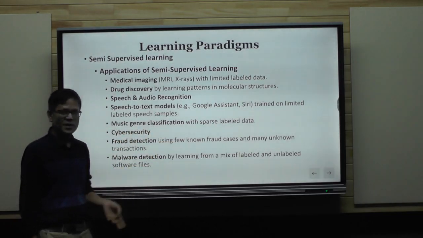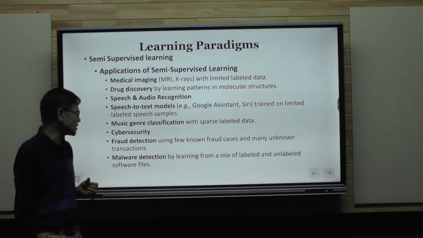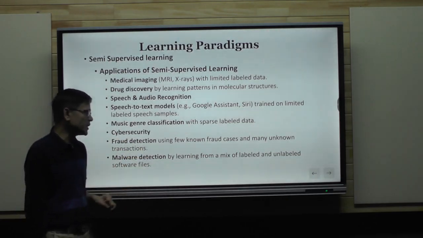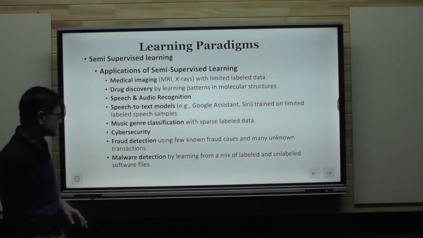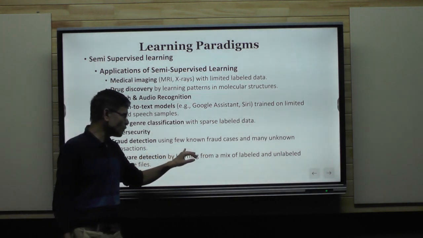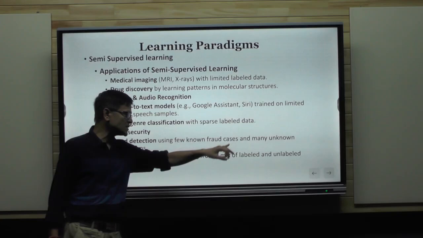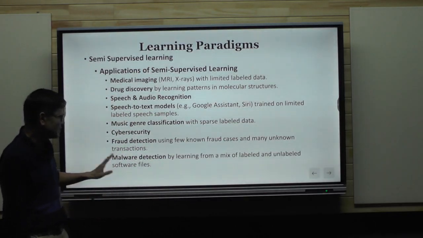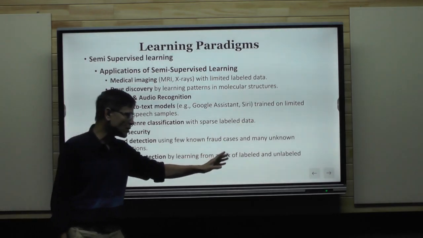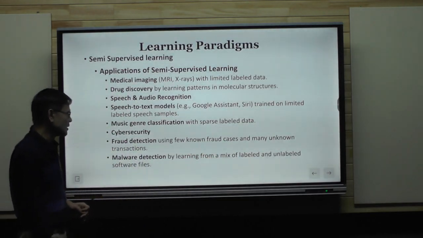Music genre classification, you can classify the music. Cyber security, fraud detection, and malware detection. So using few known fraud cases and many unknown transactions. Okay. And in malware detection by learning from a mix of labeled and unlabeled software files.